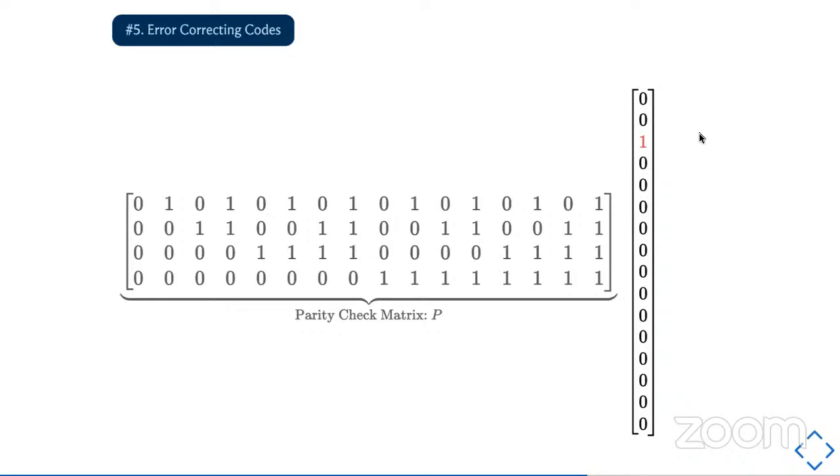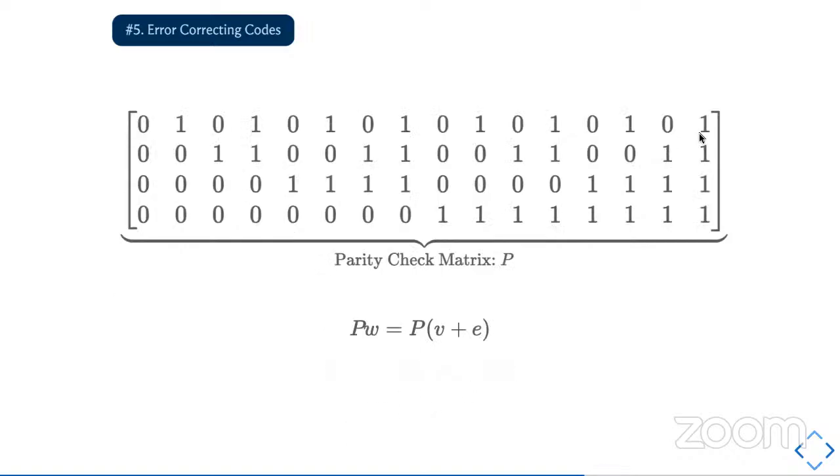So you can write down your genuine message as this one vector, and you can add to it an error vector, which has exactly a 1 at the location that the bit was flipped. So is it clear that that's what W looks like if the channel has messed around with it? W equals V plus E. Is this part fine?